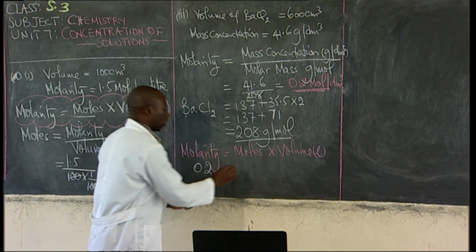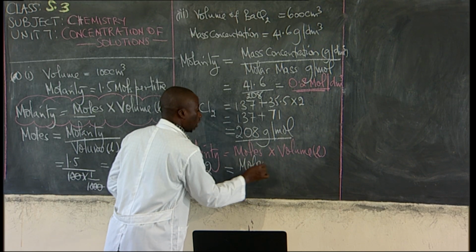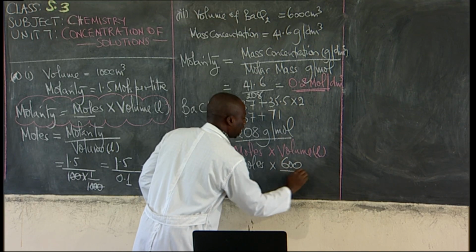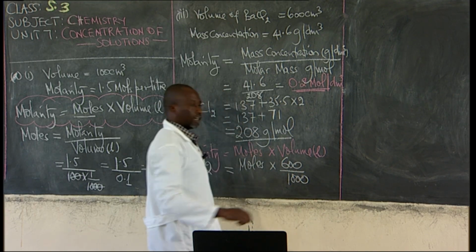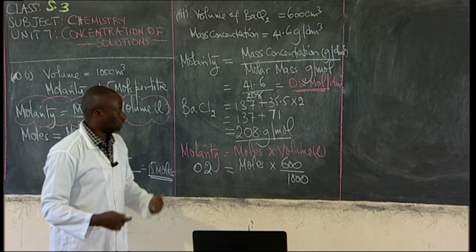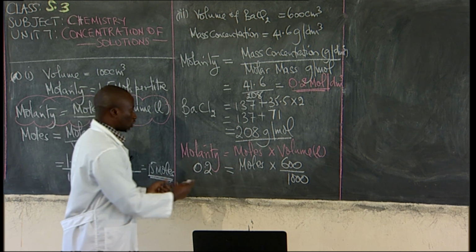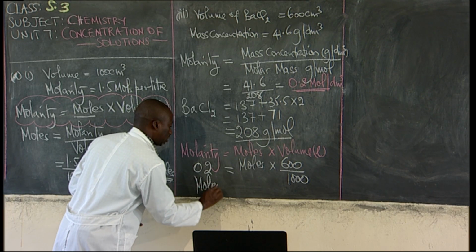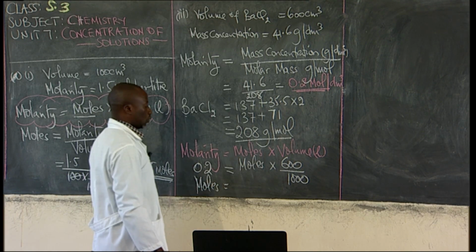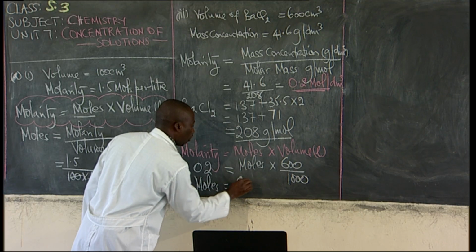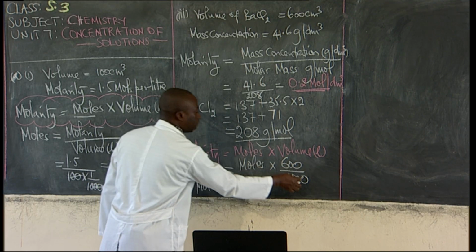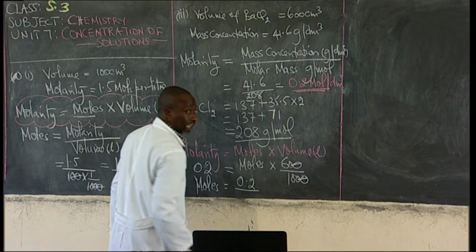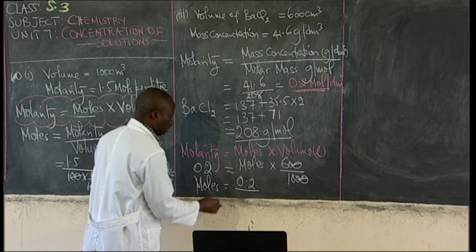This will be equal to the moles, which is what we are calculating, over the volume, 600 over 1,000 to convert it into decimeter cubed. So our moles now will be equal to 0.2 times this. When we cancel, 6 over 10, that is 0.6.